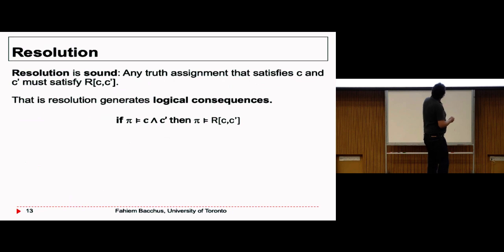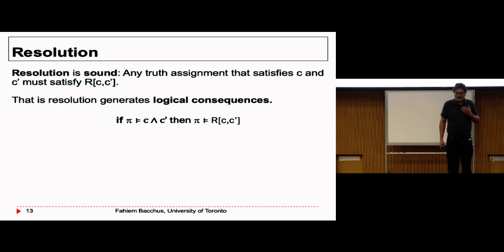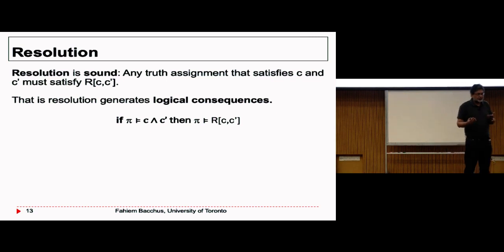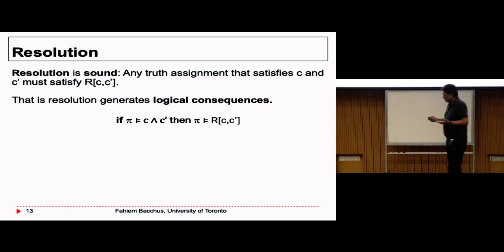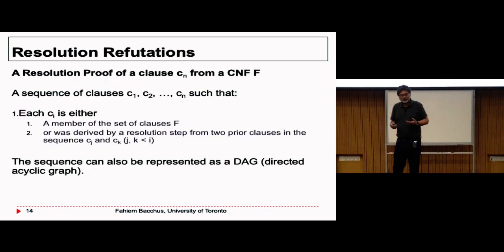So we know that resolution produces logical consequences. Any truth assignment that satisfies C and C prime will always satisfy the resolvent of C and C prime. So it's a sound rule of inference.